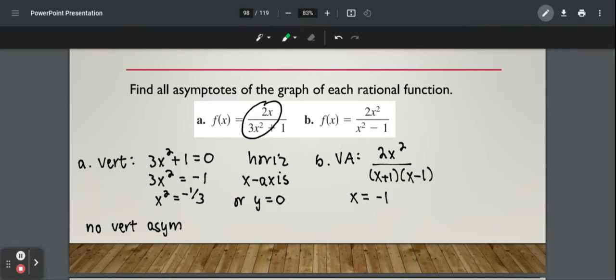So x equals -1 and x equals +1 would be our vertical asymptotes. Now for our horizontal asymptotes, if we compare 2x squared and x squared, they have the same degree. So that would simplify into just 2. So we would say y equals 2 would be our horizontal asymptote.